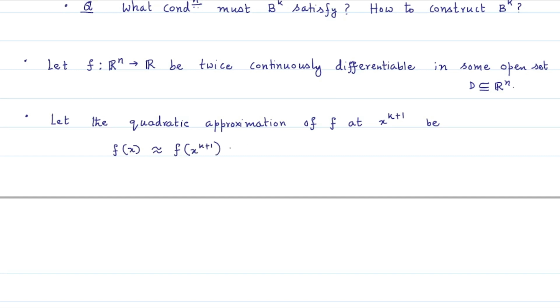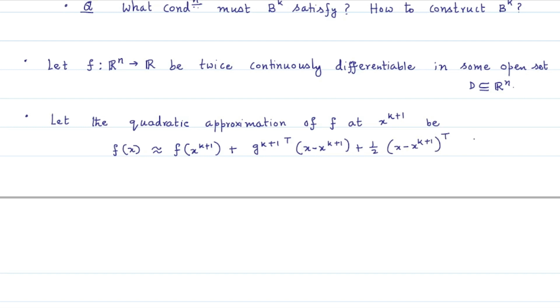f(x) approximately equal to f(xk+1) plus the gradient at xk+1 transpose (x minus xk+1) plus half times (x minus xk+1) transpose the Hessian, here if we are going for the Taylor's quadratic approximation.